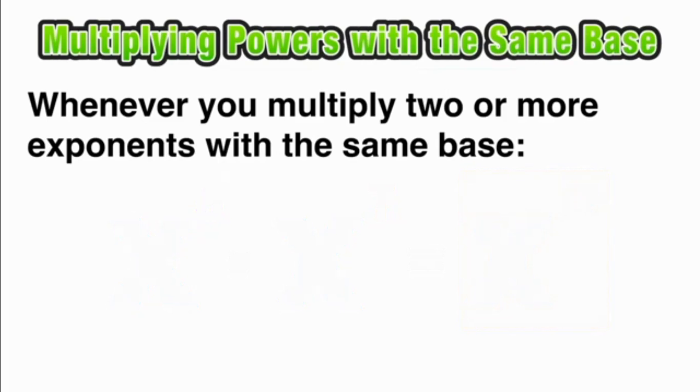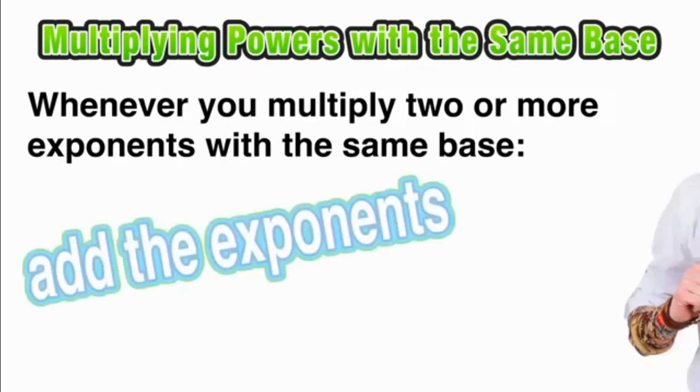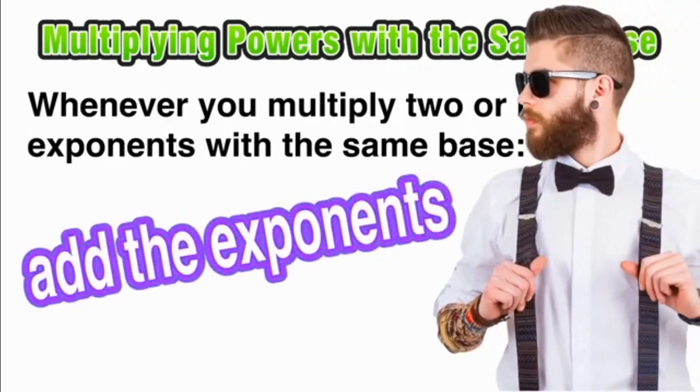So in conclusion, whenever multiplying 2 or more exponents with the same base, you just add them up and you're good.